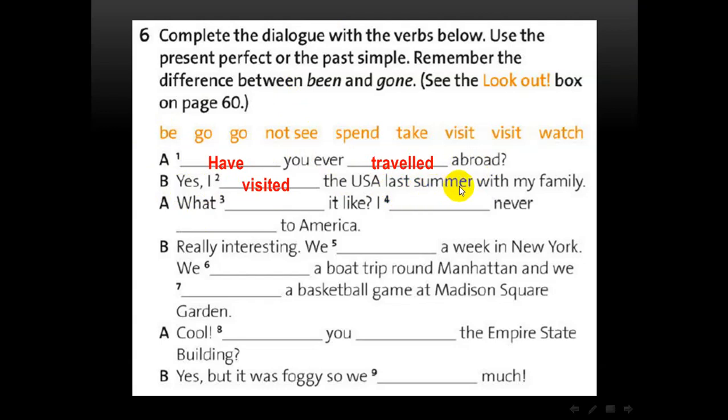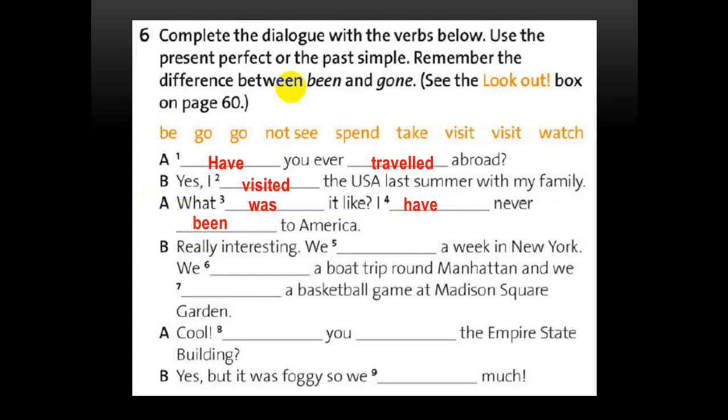He gave us a specific detail, so we use the past simple. Because he gave us a finished time phrase, he gave us the time of the travel, last summer, so we used the past in the answer.